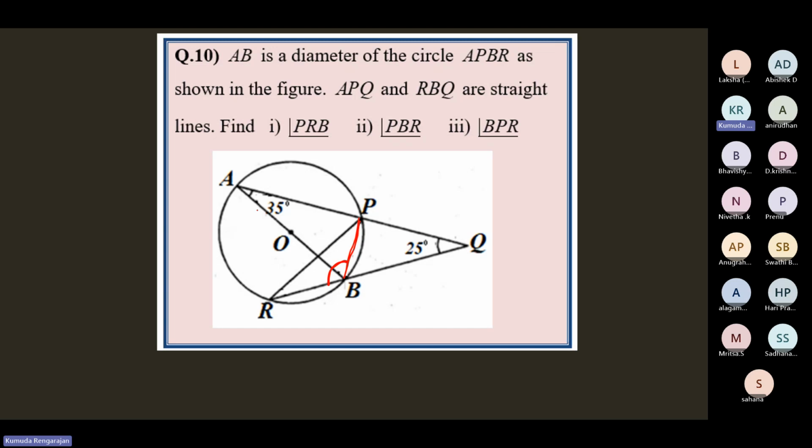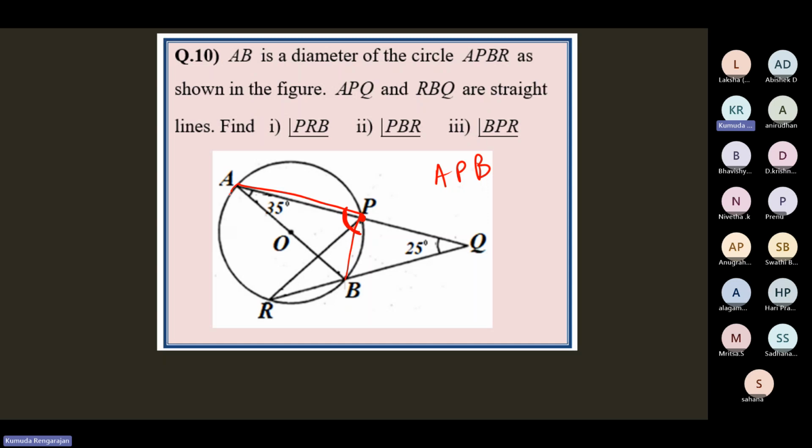So here we know AB is the diameter because it passes through O, and O is the center of the circle. It's also given here. Okay, so P is the point on the circumference. A is joined to P, B is joined to P. So the angle is formed here, APB.